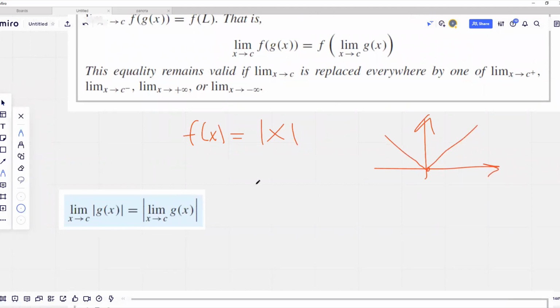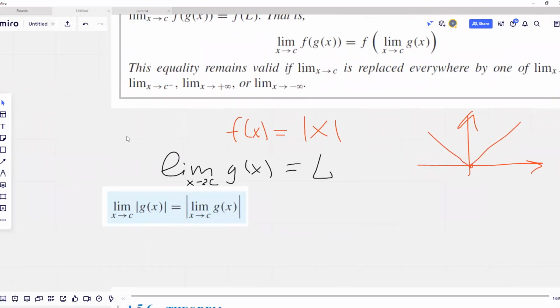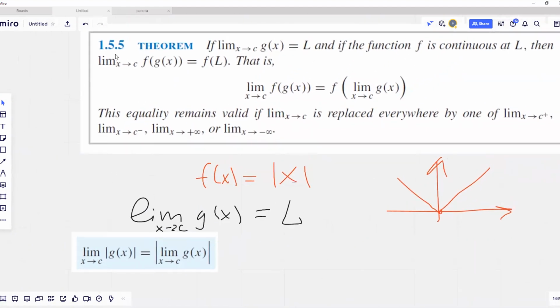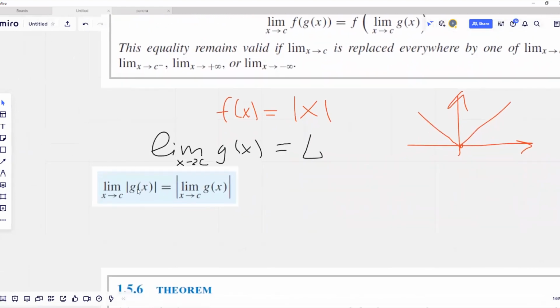Now, secondly, let's assume that the limit as x is approaching c of g of x exists and is equal to some big L. And then, since the absolute value function is continuous and that limit here exists, we can apply this theorem 1.5.5 and move that limit inside of the absolute value sign.